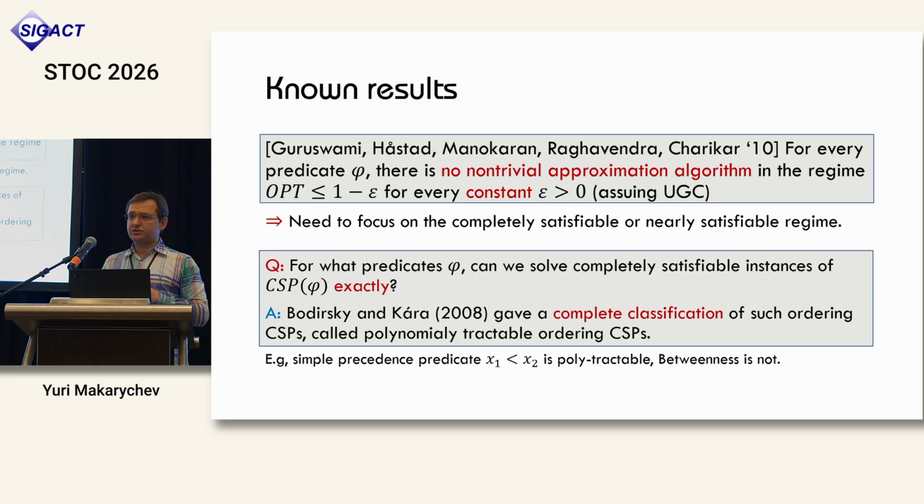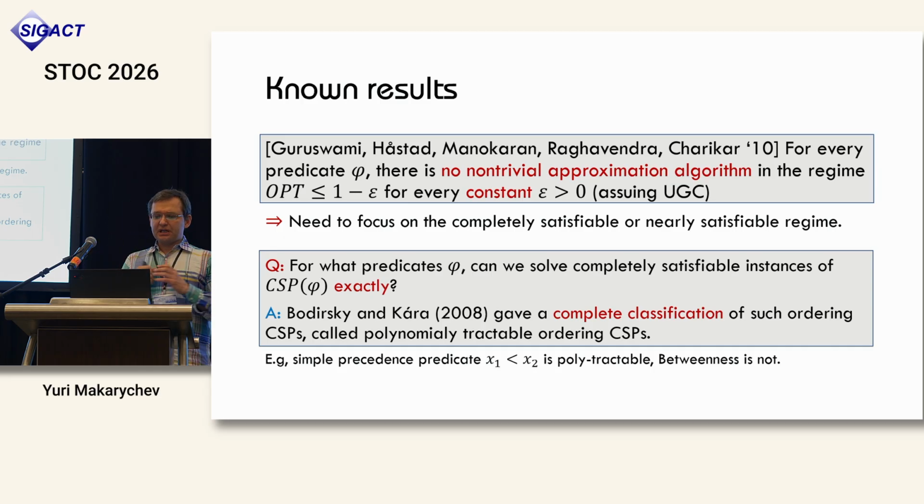So if you have an instance which is 0.75 satisfiable, we basically cannot do anything better than just output a random solution. Because of this result, which is based on the Unique Games Conjecture, we need to focus on either completely satisfiable instances or 1 minus epsilon satisfiable instances where epsilon is little o(1), very small.